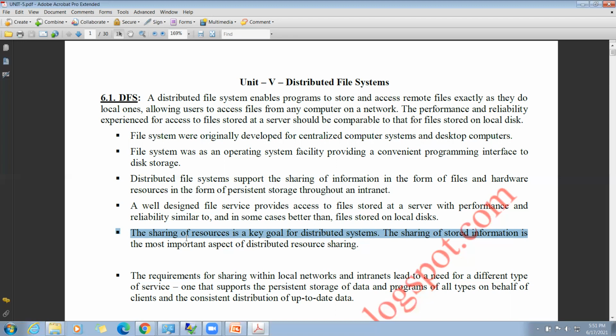The sharing of stored information is the most important aspect of distributed resource sharing. Why? Because the file or content is stored at one place and accessed by another machine at another place. This is called resource sharing.